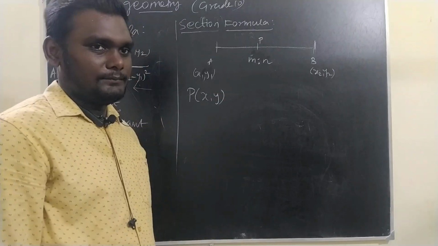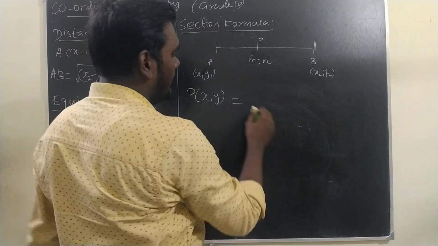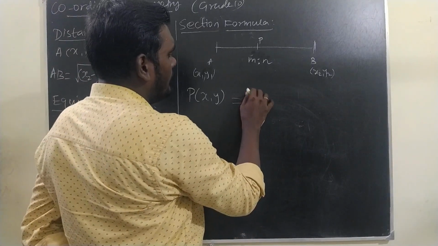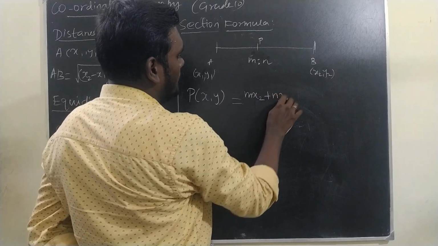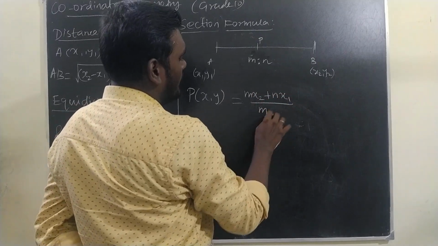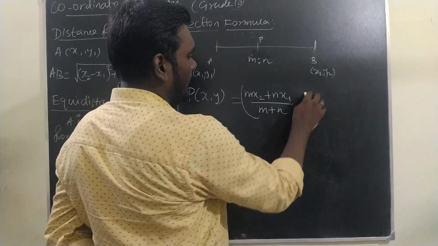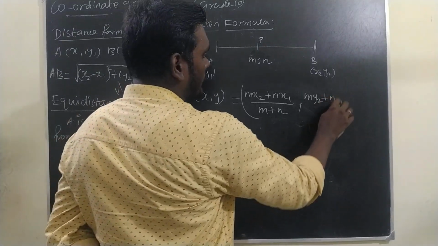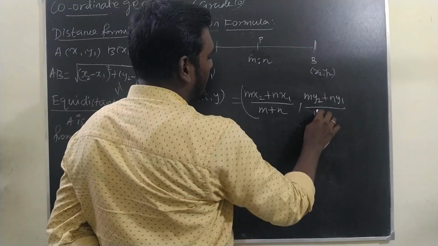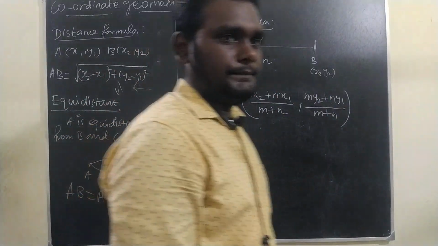That is the coordinates. It is given by the formula, you see: (mx2 + nx1) divided by (m + n), comma, (my2 + ny1) divided by (m + n). This is the coordinate of the point.